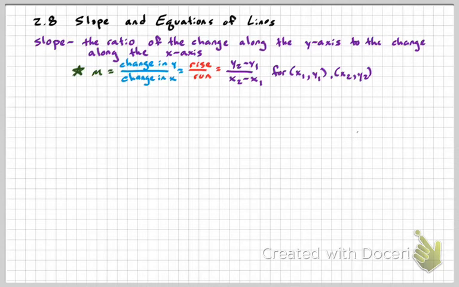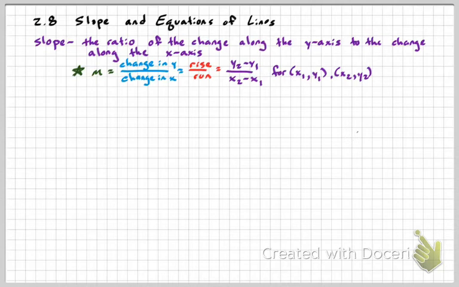And that's how we separate the two coordinates we're trying to find the slope between in our x and y axis. Now, it doesn't matter which one you pick as your 1s and your 2s, just like when we were doing the distance formula and the midpoint formula. It doesn't matter, okay? But whatever you do, just stay consistent.